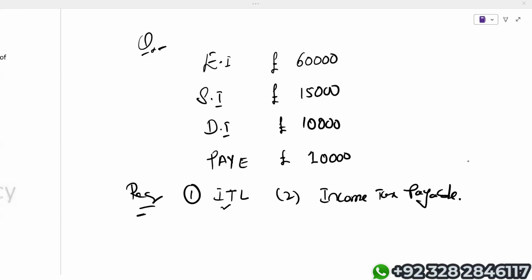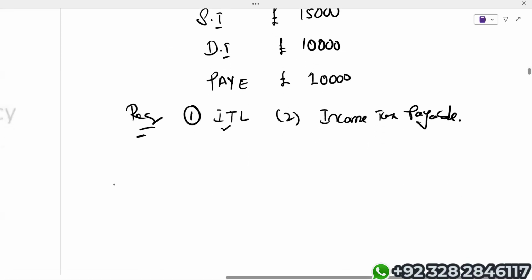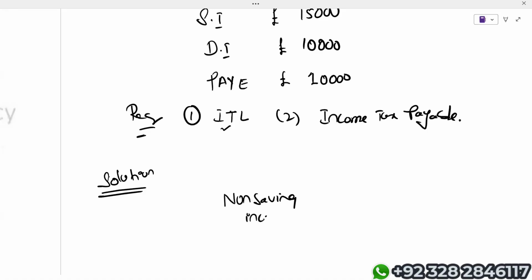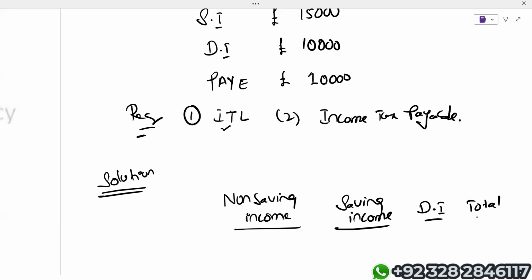Okay, students, let's try together. While calculating income tax liability, we'll be making 4 columns. The first one is for non-saving income, then saving income, dividend income, and the final is total.